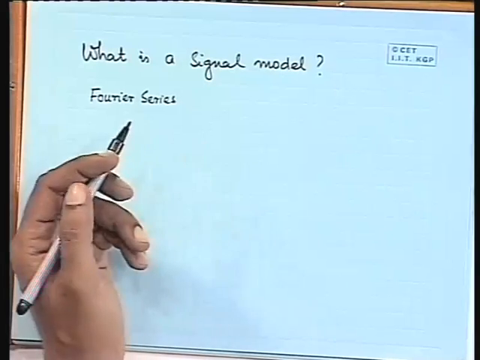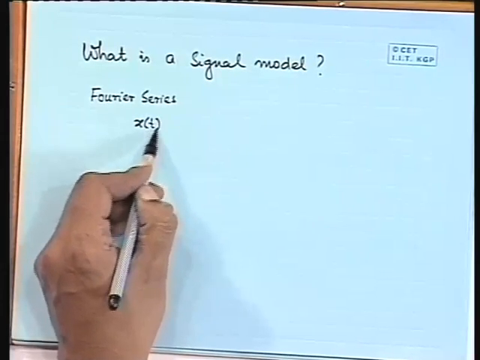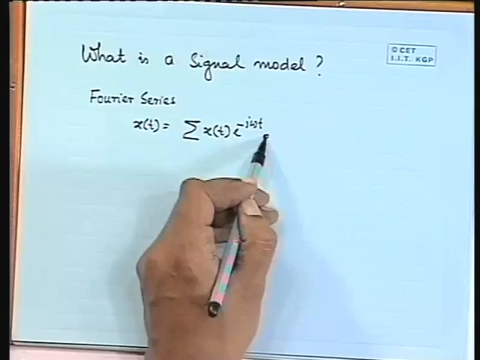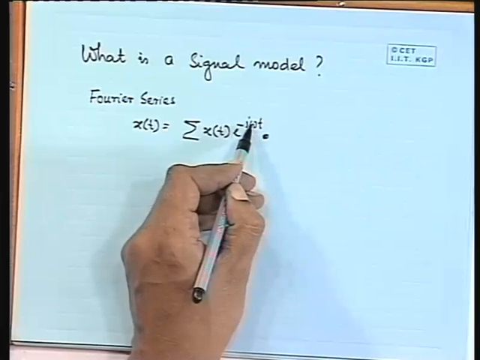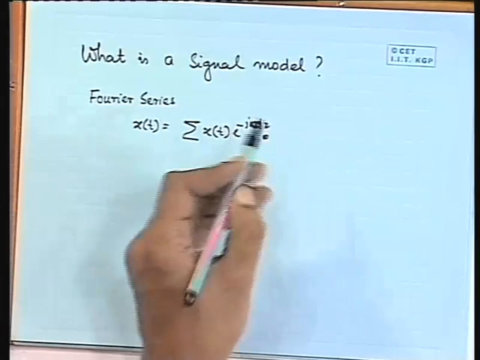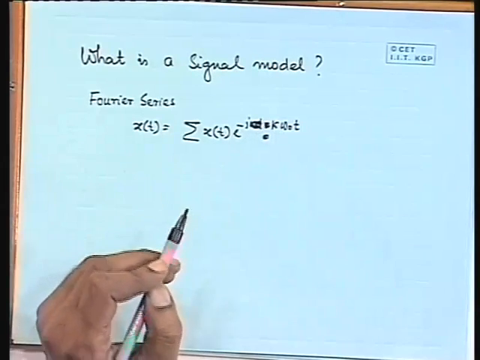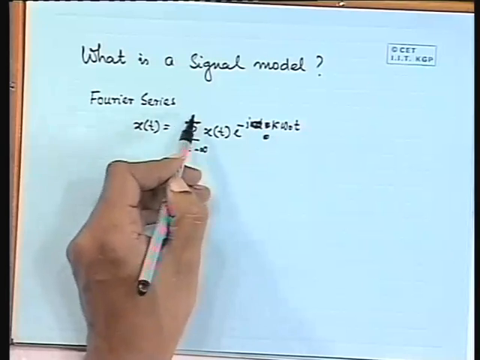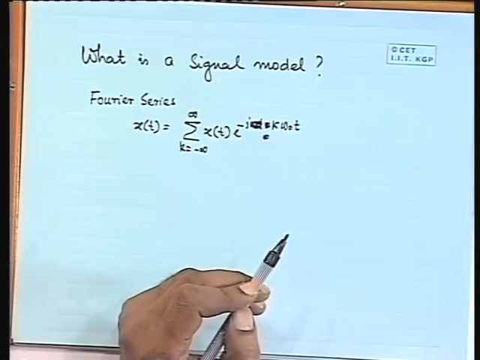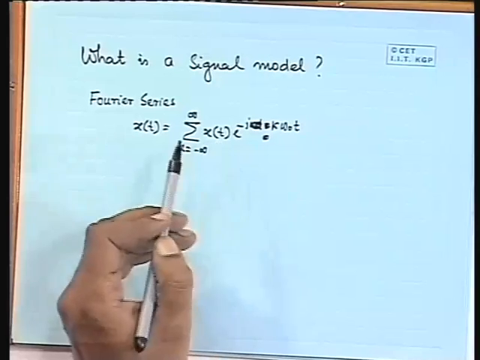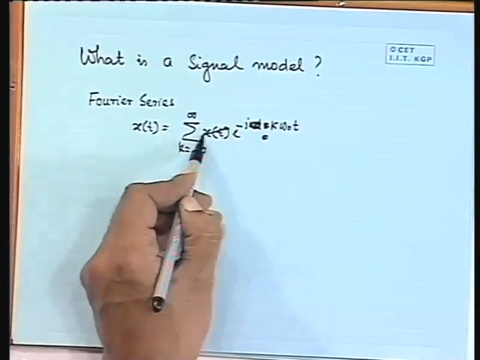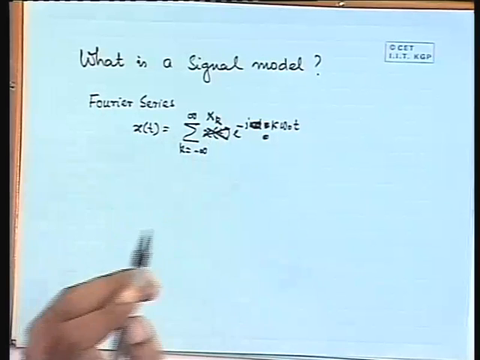So we say that any periodic signal x(t) can be broken up as a sum of x_k e to the power j k omega 0 t, with k equal to minus infinity to plus infinity. So what are we trying to do?